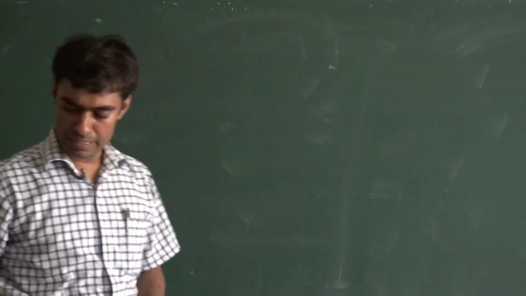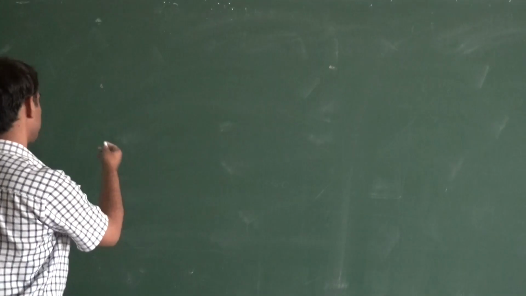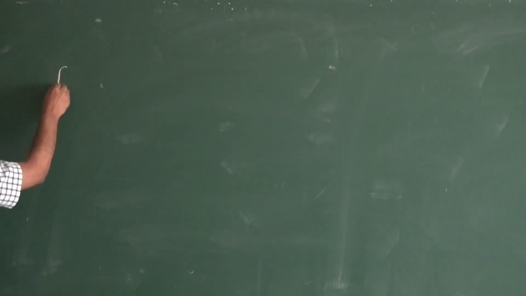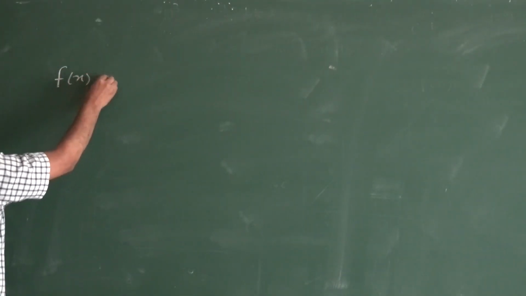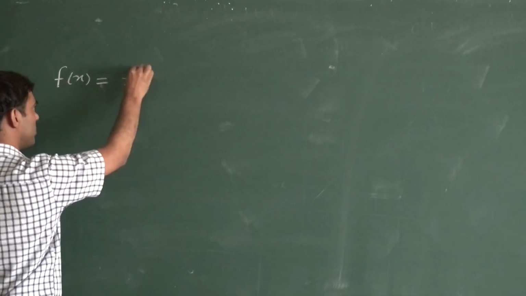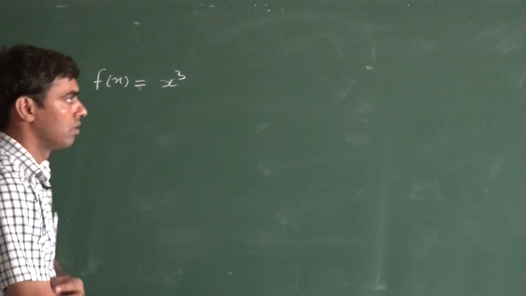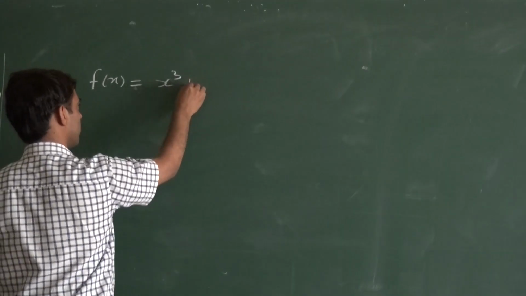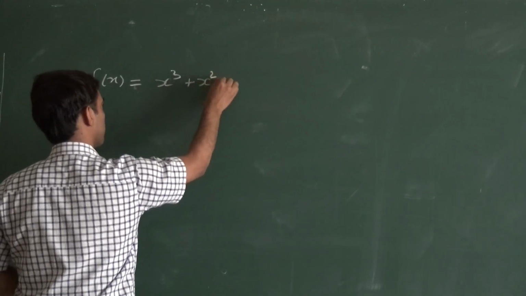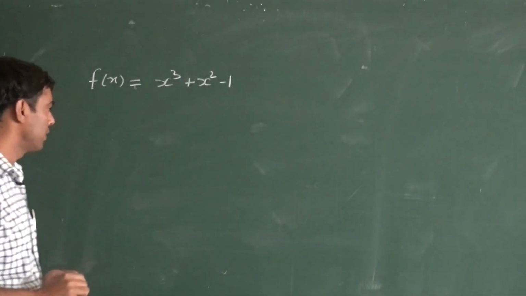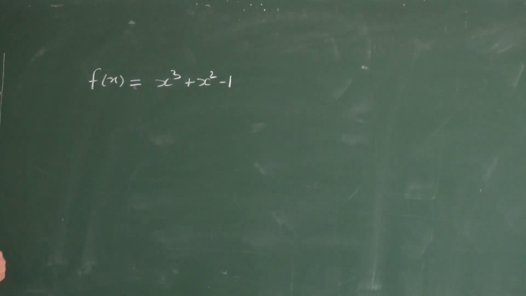Suppose we consider f(x) equal x cube plus x square minus 1. There are different ways to write this in the form x equal phi x.